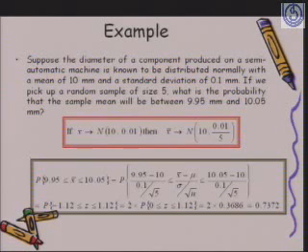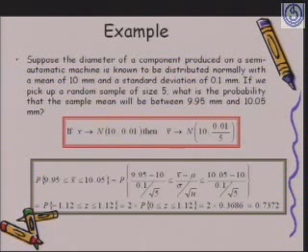Now this is equal to Z. So your equation has been reduced to an equation in terms of Z, and this has become probability minus 1.12 is less than Z is less than or equal to 1.12, which is equal to twice the probability 0 is less than Z is less than 1.12. From the tables this value comes out to be 0.3686, multiplied by 2, so it becomes 0.7372.